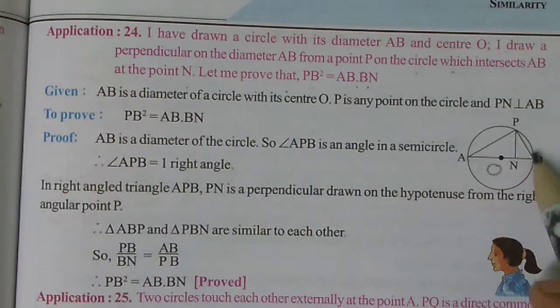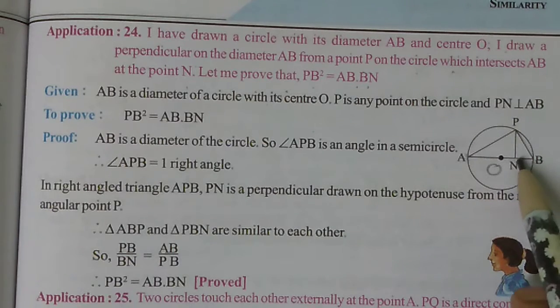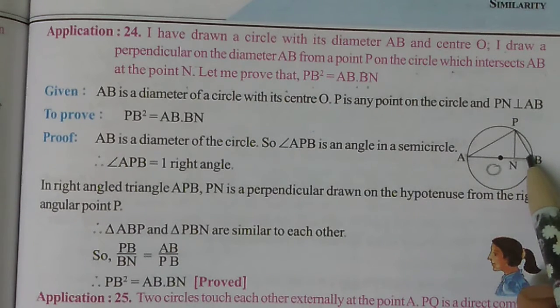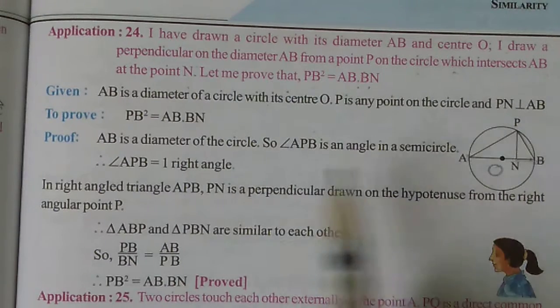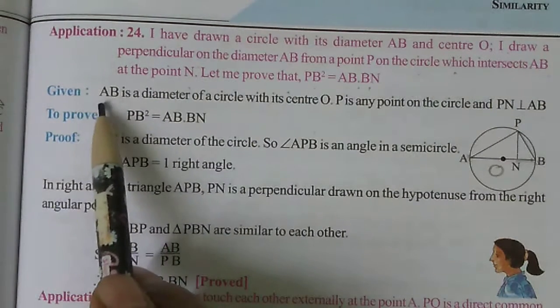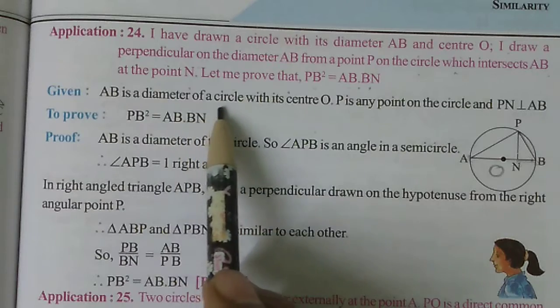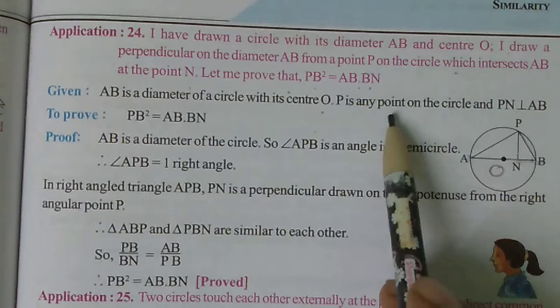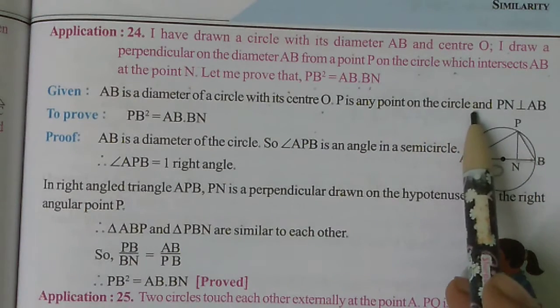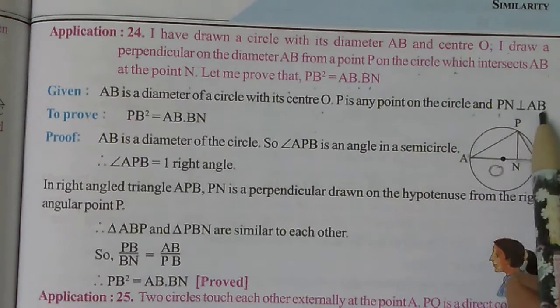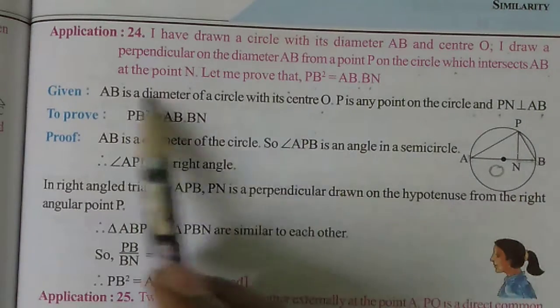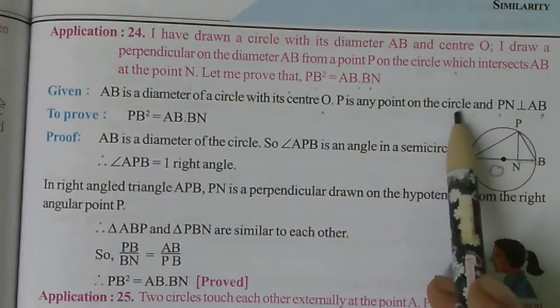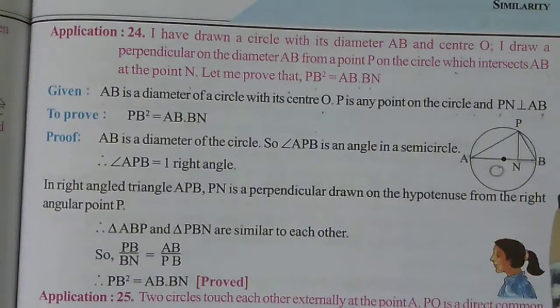PB square equals AB, the diameter, and BN. Here it is given that AB is a diameter of a circle with its center O, P is any point on the circle, and PN is perpendicular to AB. That is the mathematical form of what is given.